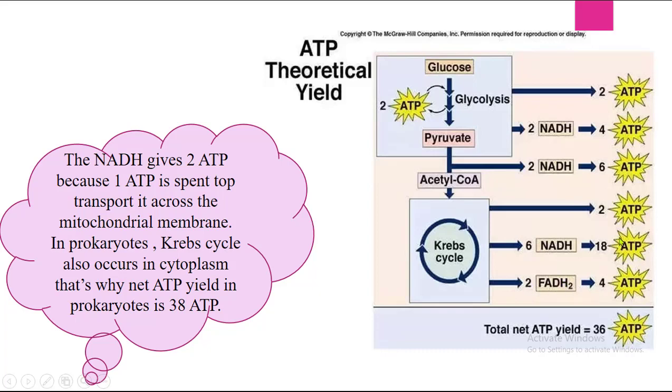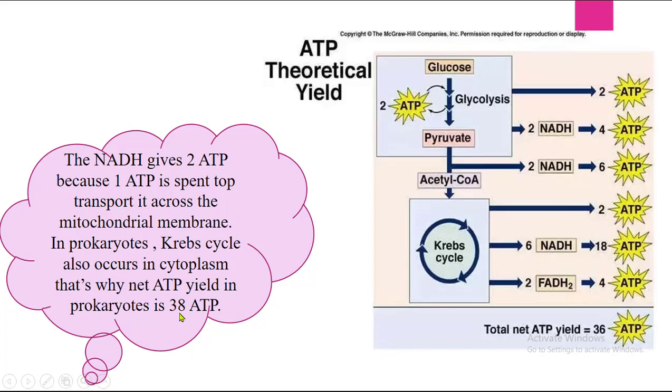So when we sum up all these ATP molecules, the net ATP yield of cellular respiration or aerobic respiration in eukaryotes is 36 ATP molecules.